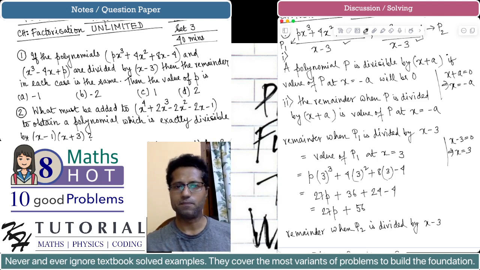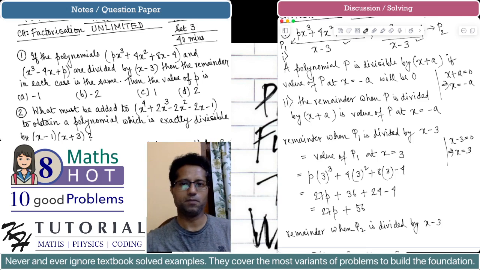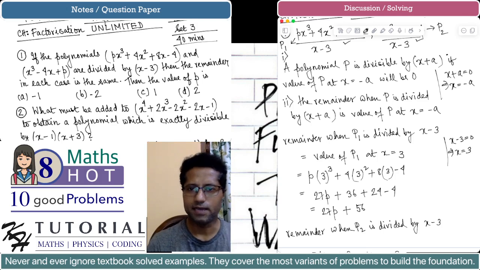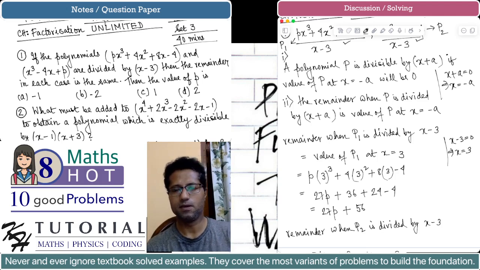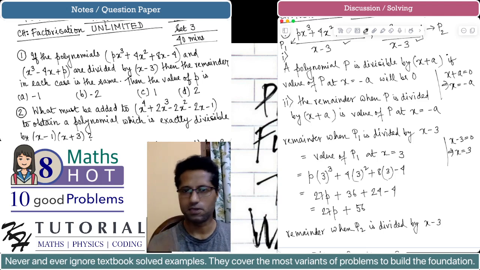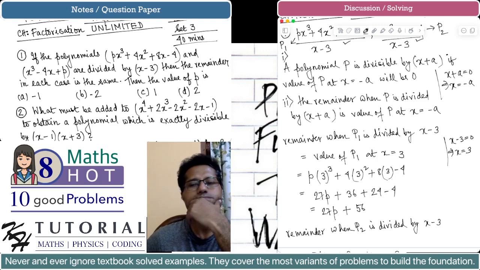So one concept, as I already discussed, is that a polynomial p will be divisible by x plus a if the value of the polynomial p at x equals minus a becomes 0, and also if x plus a does not perfectly divide the polynomial p, then the remainder when p is divided by x plus a will be the value of the polynomial at x equals minus a.